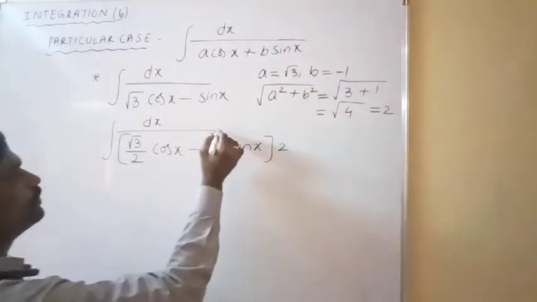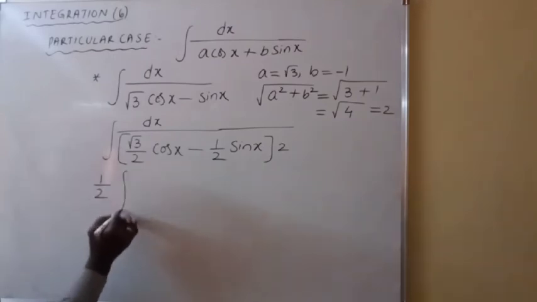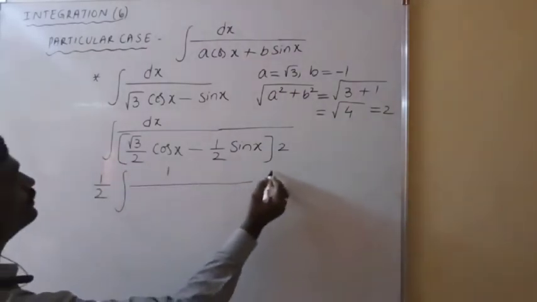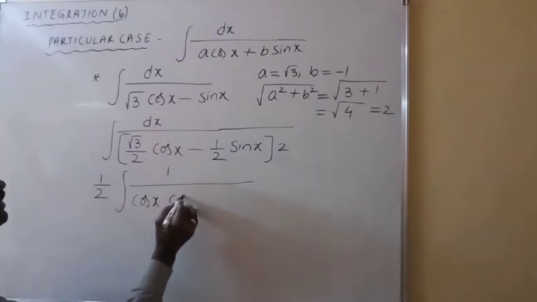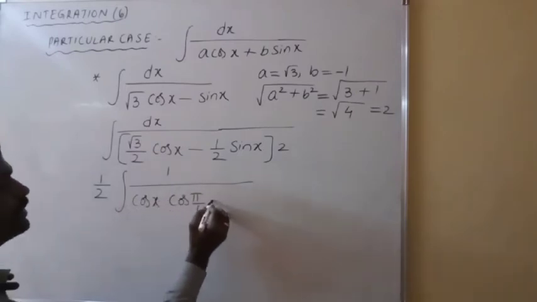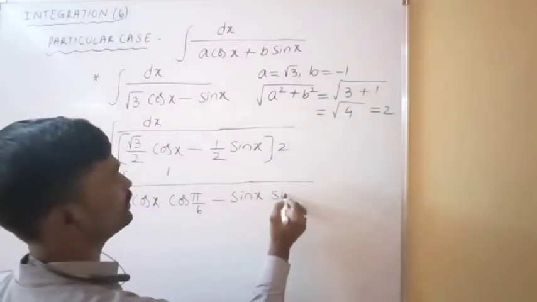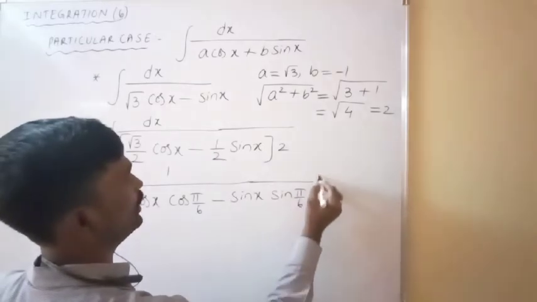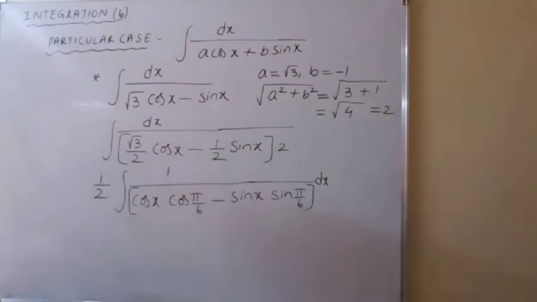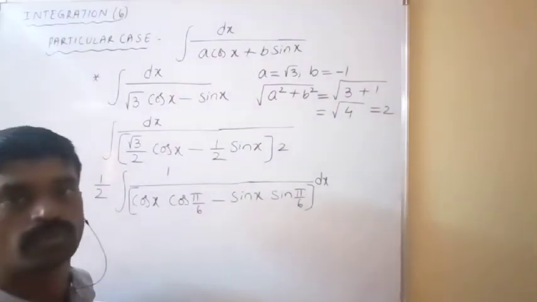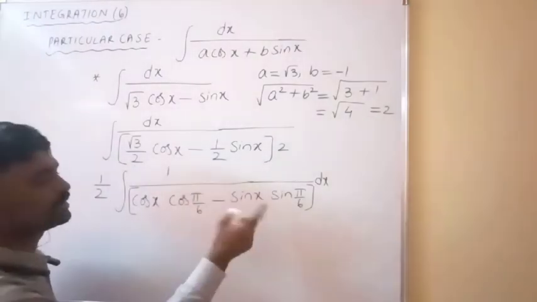Now this 1 upon 2 is a constant, take it outside of the integral. So now integral 1 upon, cos x into root 3 by 2 can be written as cos pi by 6, minus sin x into 1 by 2 can be written as sin pi by 6, into dx. Because I am expressing the denominator in the form of cos of x plus theta or cos of x minus theta, I am expressing root 3 by 2 in terms of cos and 1 by 2 in terms of sin.